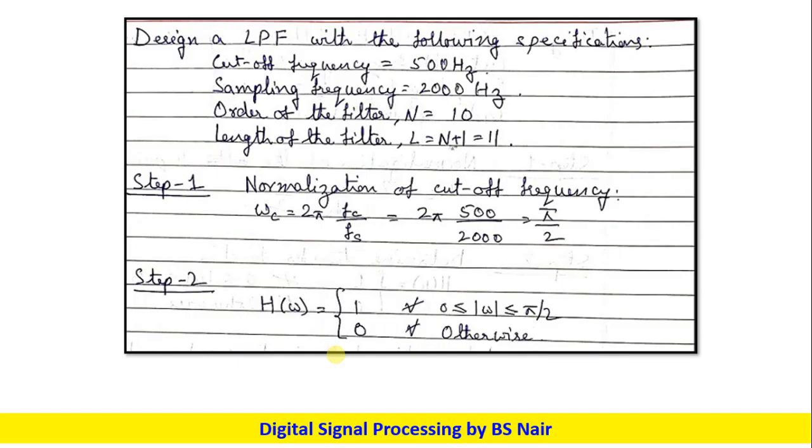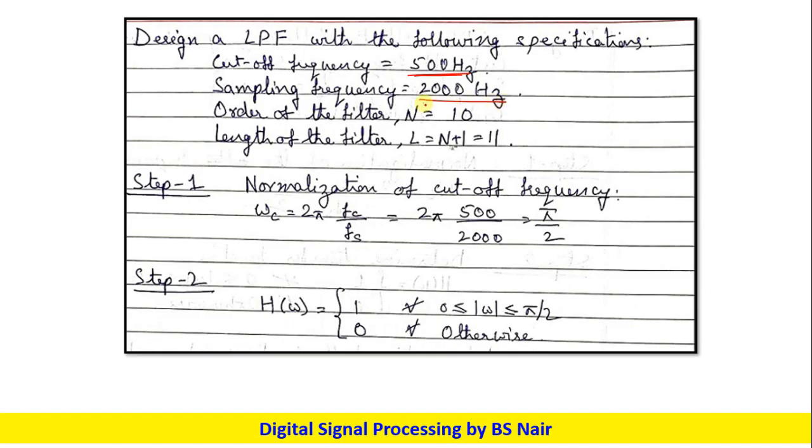In low pass filters there might be another type of question, or even in high pass filters also. Instead of directly giving the cutoff frequency in radians, you get it in the form of hertz.